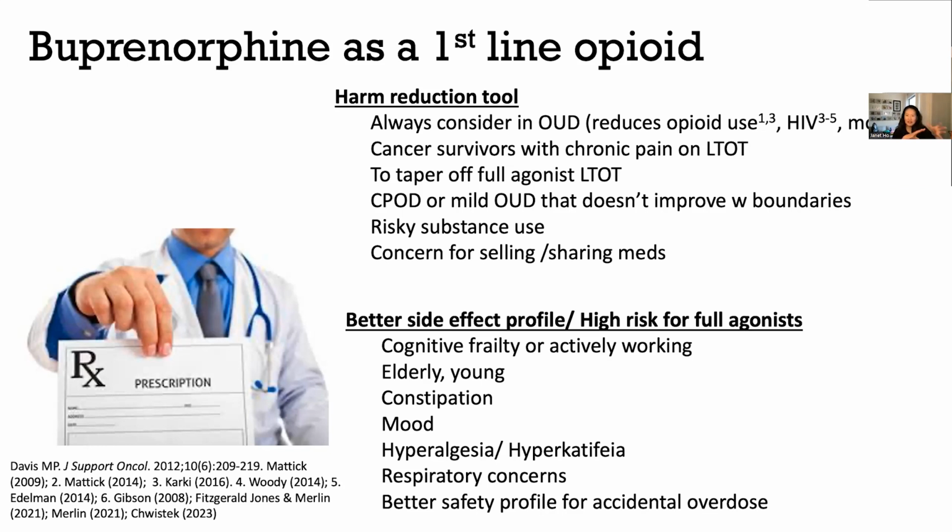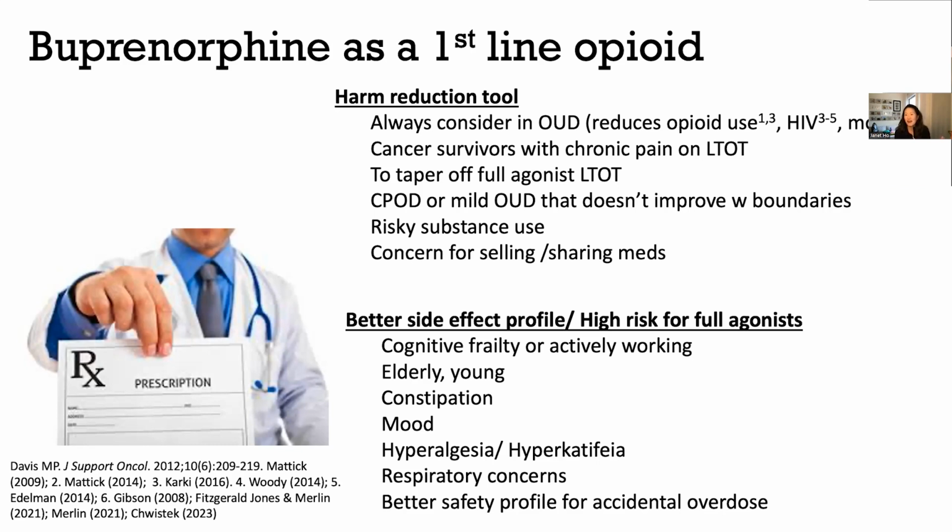So you can use it in these two pools of patients that I usually think about. You can use buprenorphine as a harm reduction tool because it has less of that respiratory suppression effect. And actually, if it's in the system and somebody then uses, for instance, non-pharmaceutical fentanyl, it actually is somewhat protective, right?